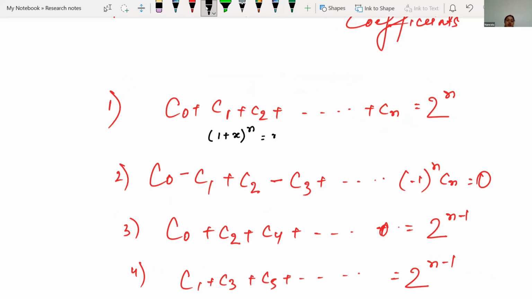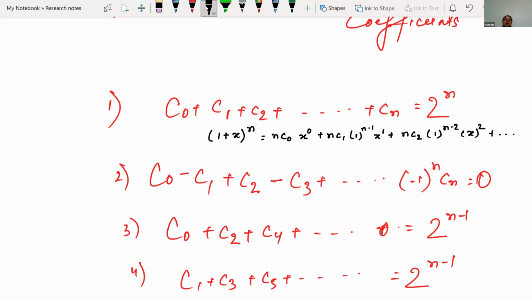Let's write a few of them. nC0, 1 to the power n, and then x to the power 0. Then nC1, 1 to the power n minus 1, and x to the power 1. Then nC2, 1 to the power n minus 2, and x to the power 2. Like this it will keep on going, right, Lena?